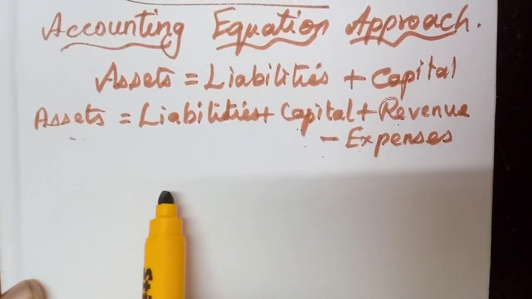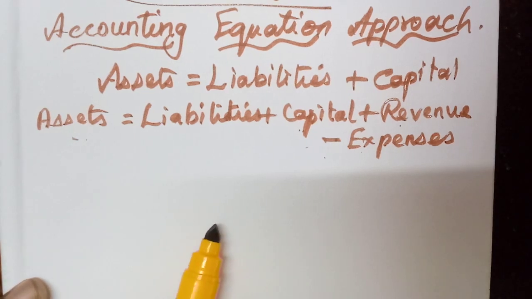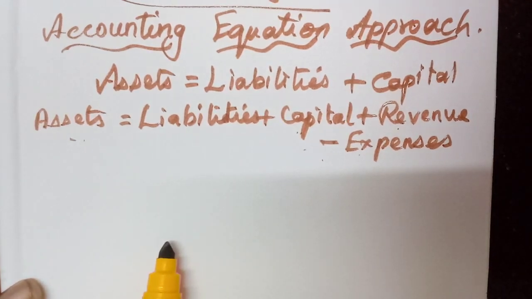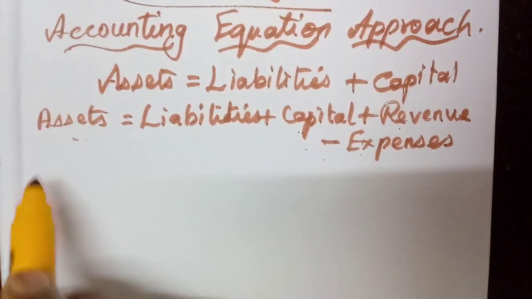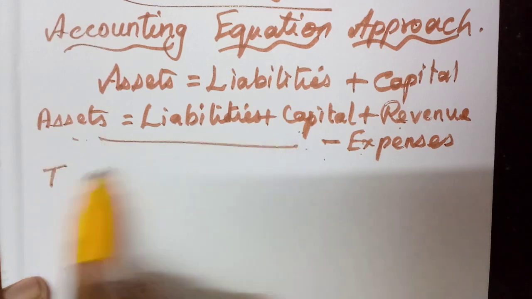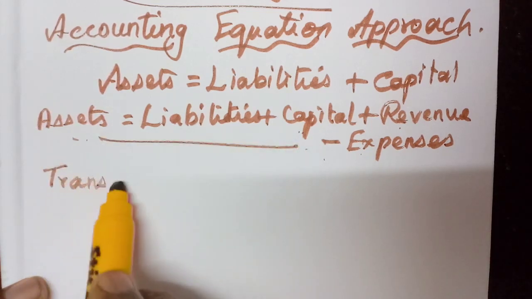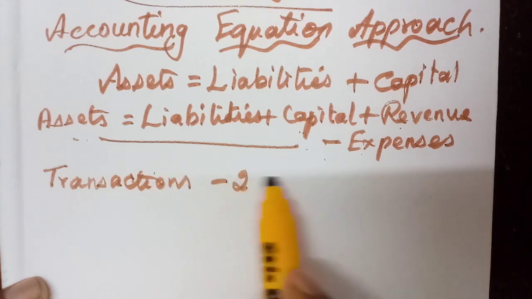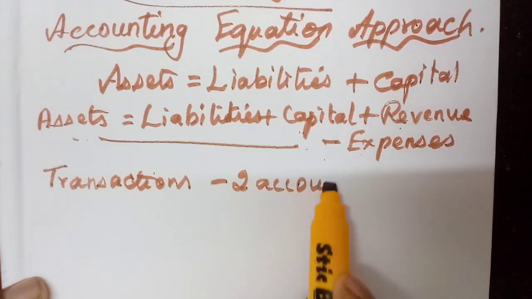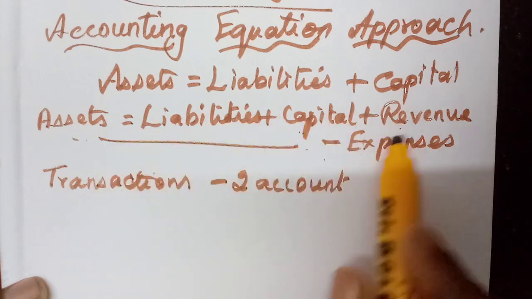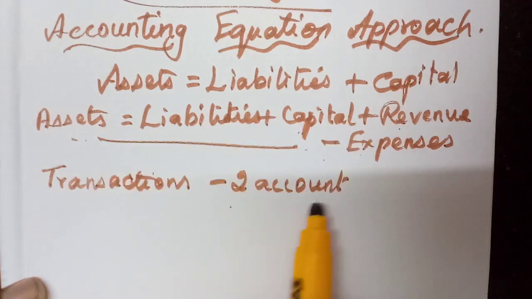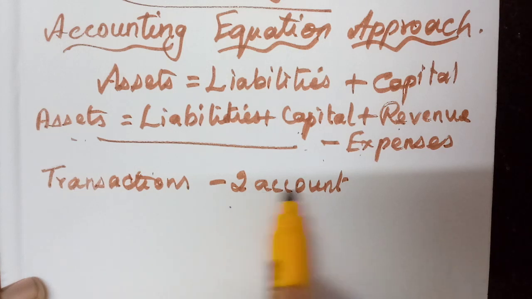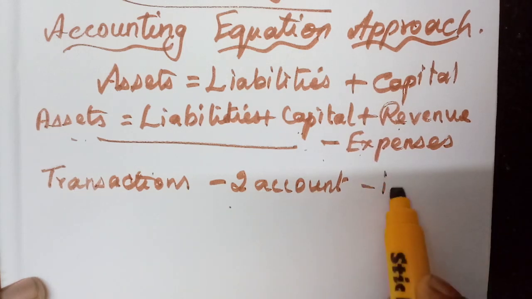So whenever we get one transaction, we have studied, it has two aspects, isn't it? For each and every transaction, there are two aspects. Here two accounts we can say. Okay, two accounts. Here we have studied 5 accounts, isn't it? So it will affect any 2 accounts from here. So we should identify that account.